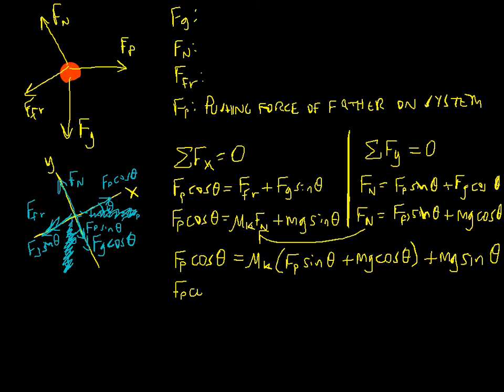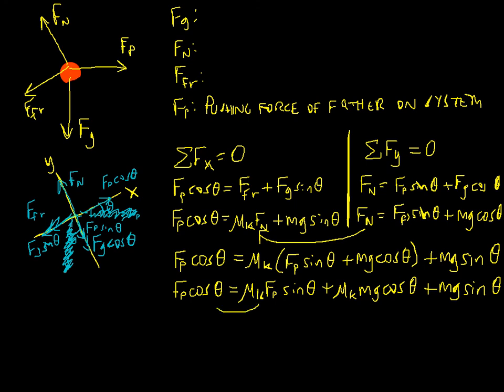So Fp cosine theta equals mu k Fp sine of theta plus mu k mg cosine theta plus mg sine of theta. We're trying to solve for the pushing force, so I want to get all the terms with an Fp over on one side of the equation.